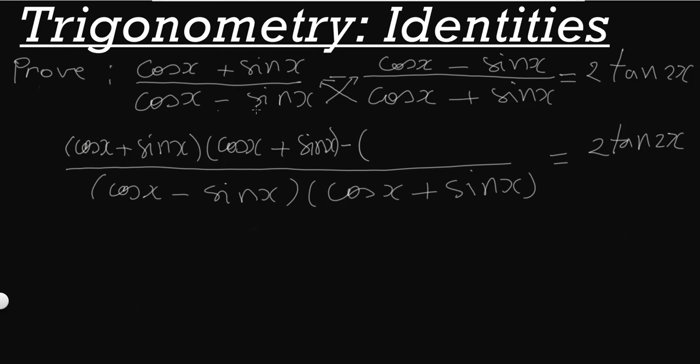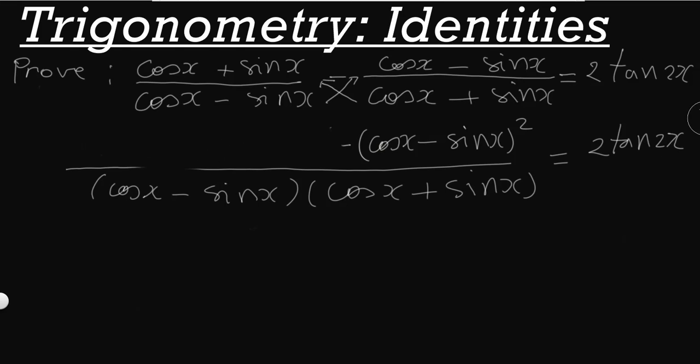As it's the same, you can just write cos x minus sin x all squared, because it is the same thing. Also here, cos x plus sin x multiplied by cos x plus sin x is the same thing, so I'll have cos x plus sin x, all squared.